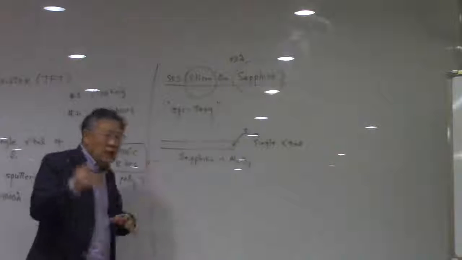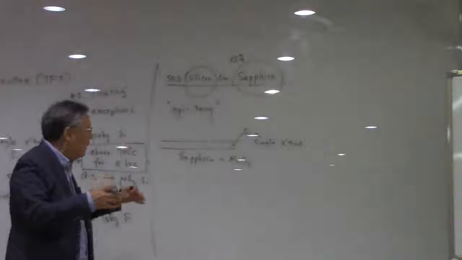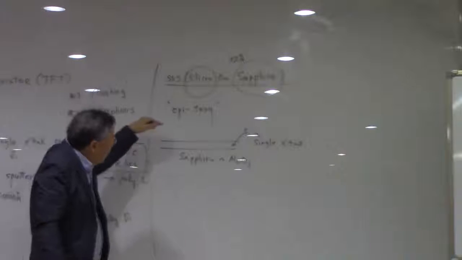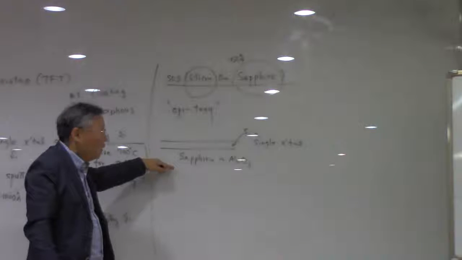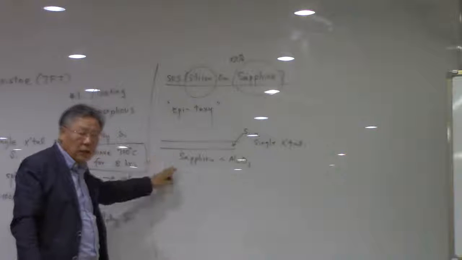So we can extend the transistor performance ideas, the electrical properties of transistors, to this silicon, which is specially deposited on top of the sapphire. And this sapphire is the insulator.